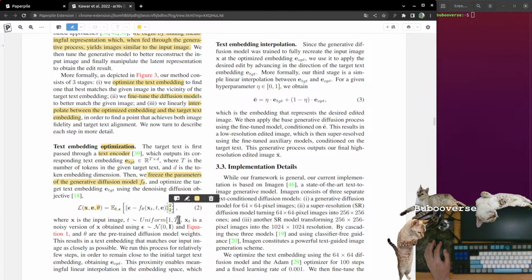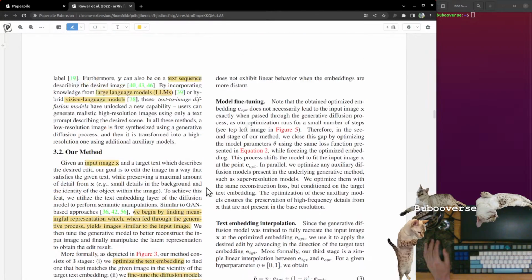So take the difference and then square it, between that sampled noise epsilon of t and the diffusion model f of theta fed with the image at time step t and the embedding, right?